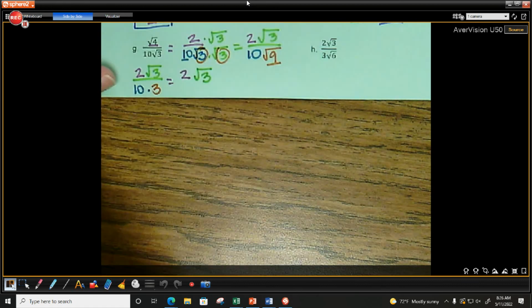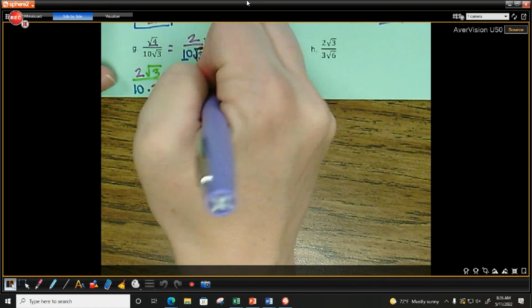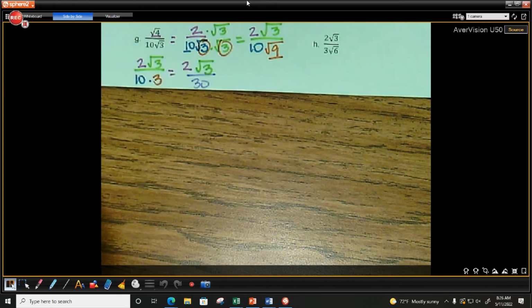Wait. Are we done? I heard a no. Why is it a no? So you don't know why it's no. The answer is no. Because you can divide 2 by 30. 2's outside, right?